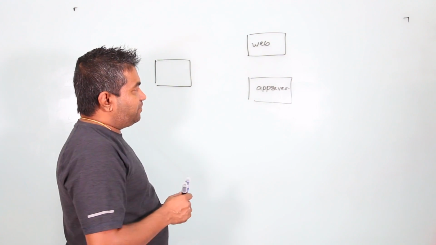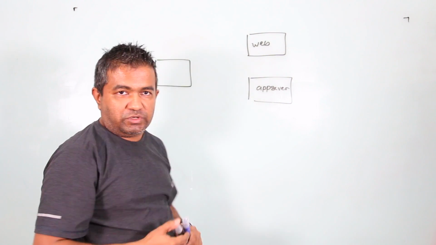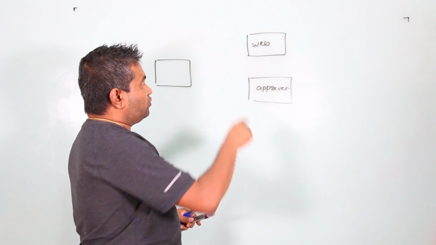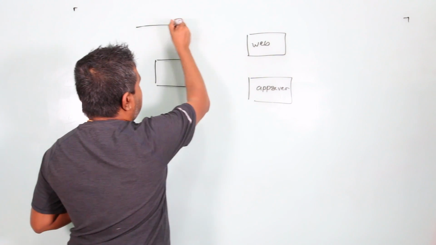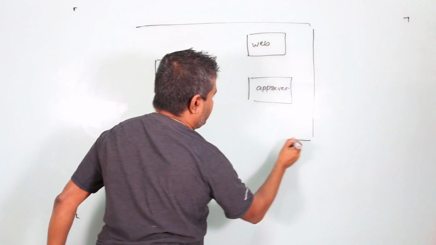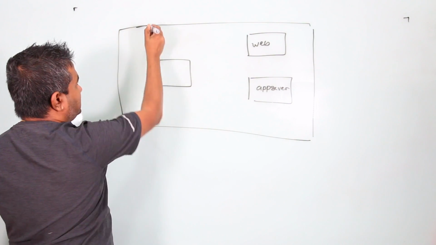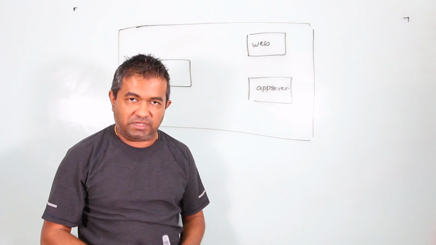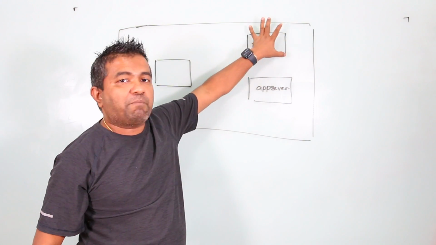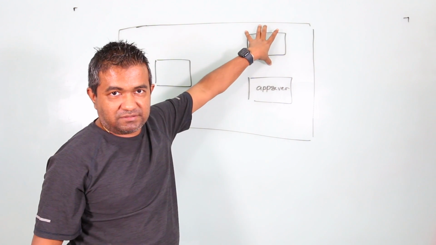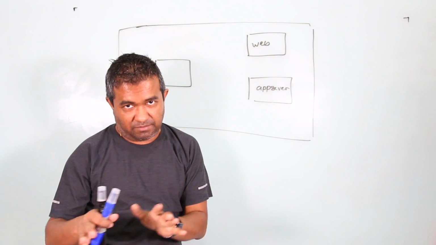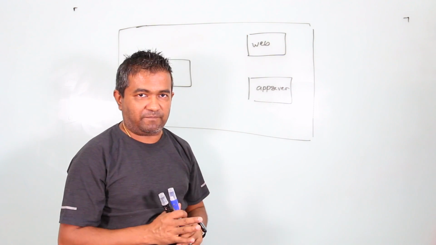Now, how this works is, usually these things are inside the intranet, which means we don't have a publicly resolved DNS, okay? Most of the time, right? Sometimes you may have, sometimes you may not.